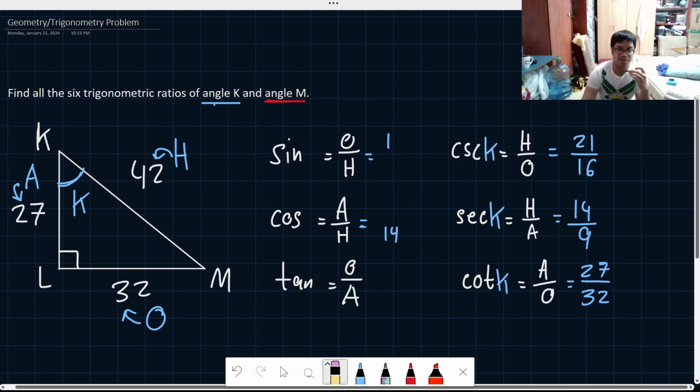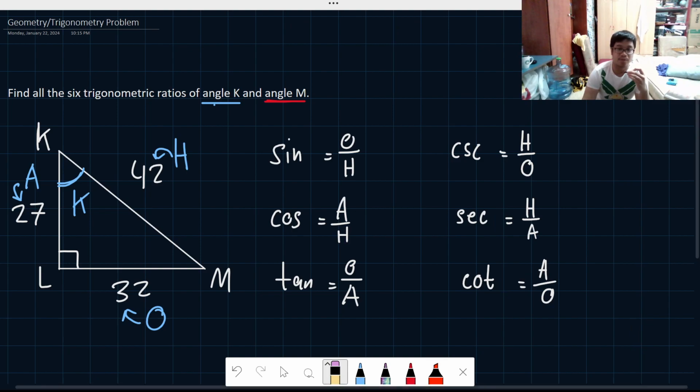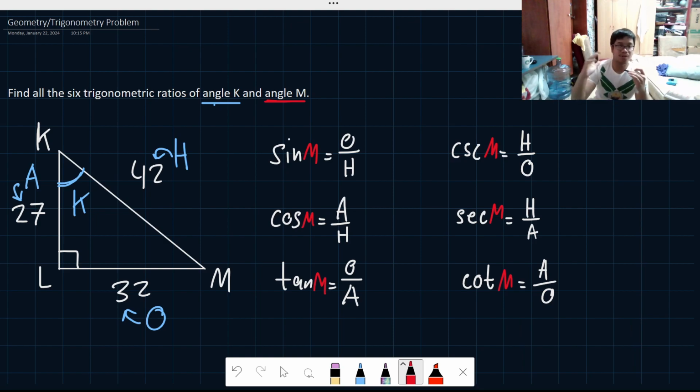We're going to erase the answers here. There we go. And we will interchange the angle theta to M. All right. So we will have sine M, cosine M, tangent M, cosecant M, secant M, and cotangent M. All right. So we're going to find all the six trigonometric ratios of angle M.